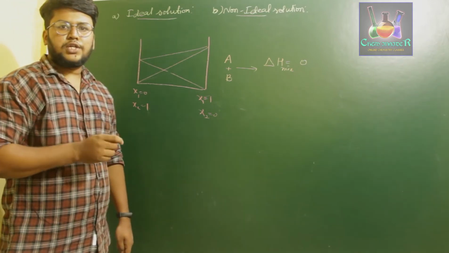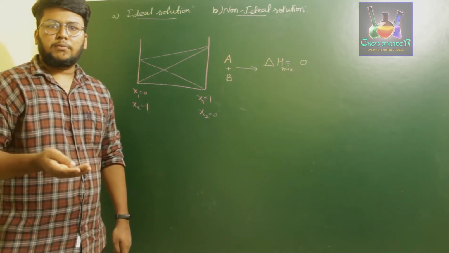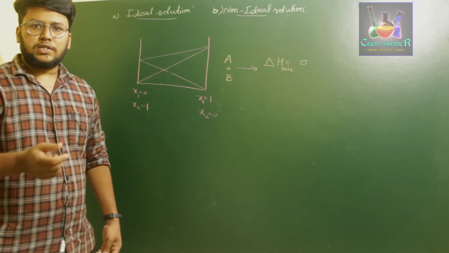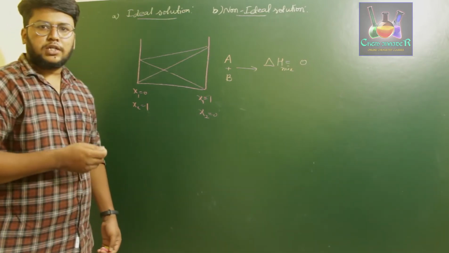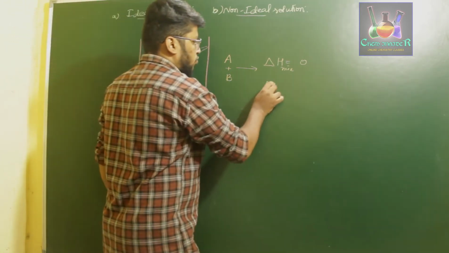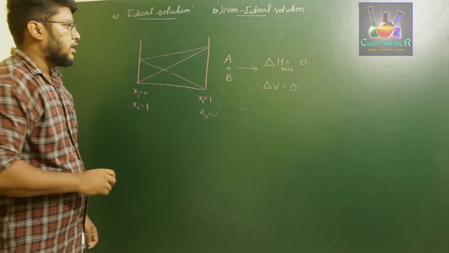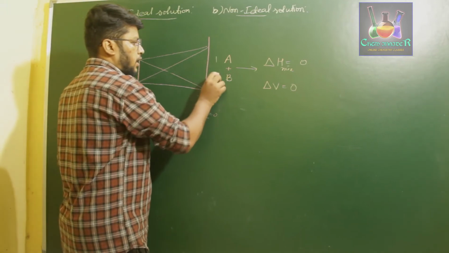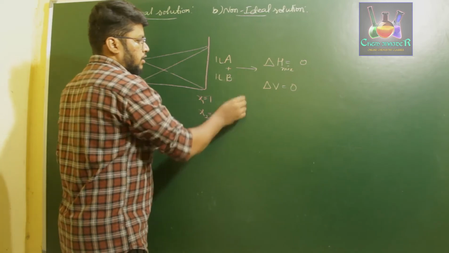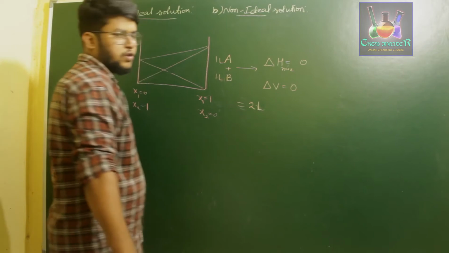There will be no enthalpy released or absorbed, so the overall enthalpy will be constant. Similarly, if you add the volumes, delta V change will also be equal to 0. If you are taking 1 liter of A and 1 liter of B, then once you mix, you will get the sum of both, that will be 2 liters of the solution.